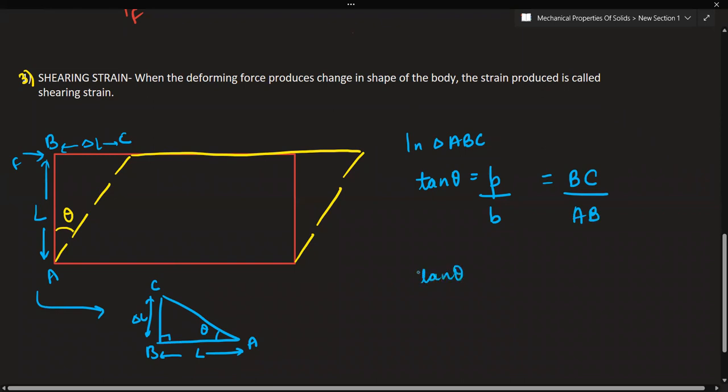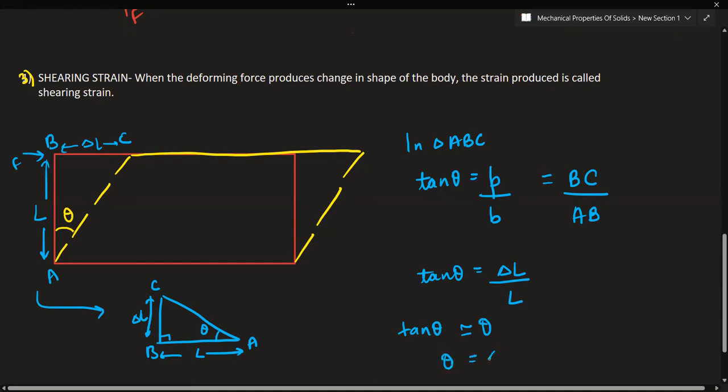So tan theta would be equal to, what is BC? What have we taken BC? Delta L. And what have we taken AB? L. See, when the angle is very small, like in this case, the angle is not very much. So tan theta is approximately equal to theta.